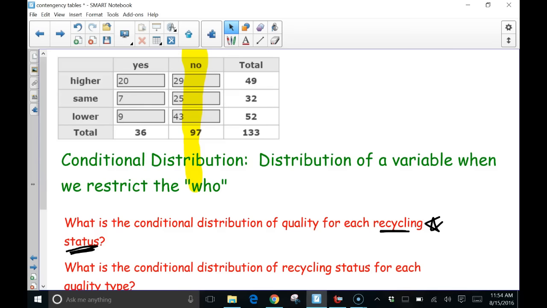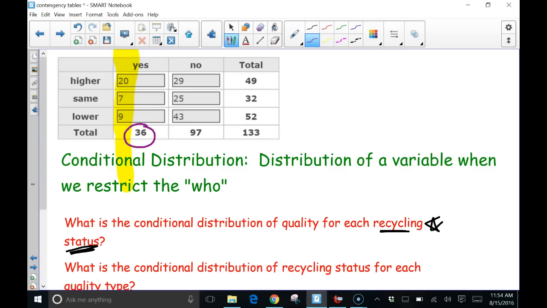So a conditional distribution is no longer the totals from the margin. It's limiting yourself to some particular column or row. So for example here, if I had said, like I said, the conditional distribution of quality for the recycling status of yes, well, now I'm limiting myself to these 36 people.